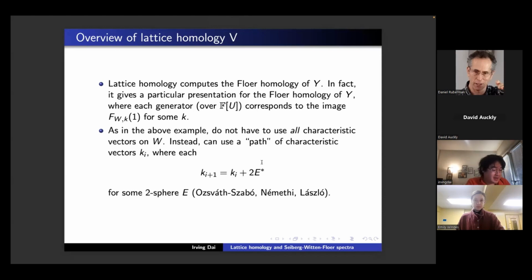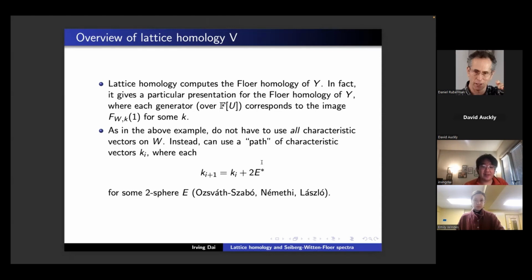Another, I apologize for continually giving minor points, but another minor point, if you're paying very close attention to the example that I gave: in the case of Sigma(2,3,7), I only had to use 3 characteristic vectors to present the Floer homology. Whereas in the discussion before, I said you have to take every characteristic vector on your cobordism. There is, of course, some sort of theorem that tells you you don't have to consider every single characteristic vector on your cobordism.